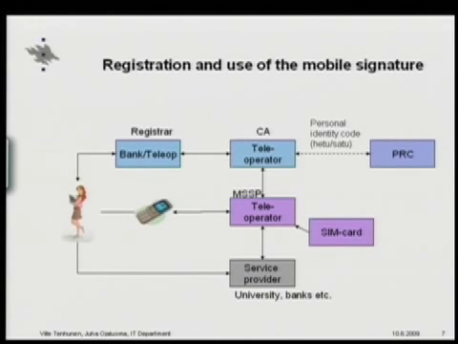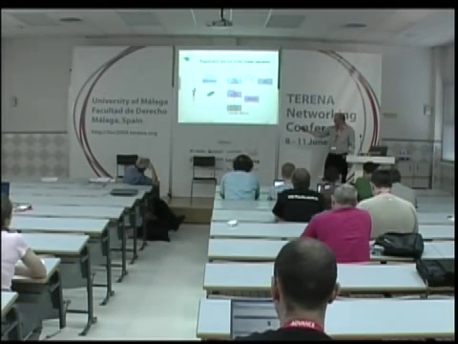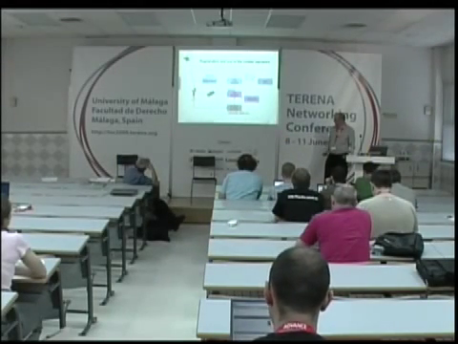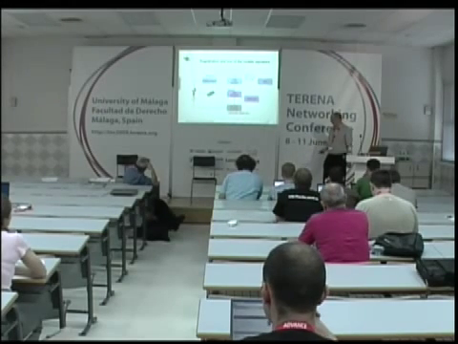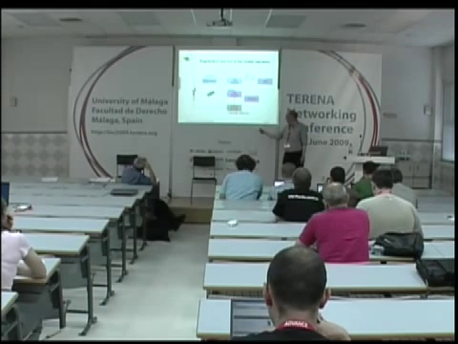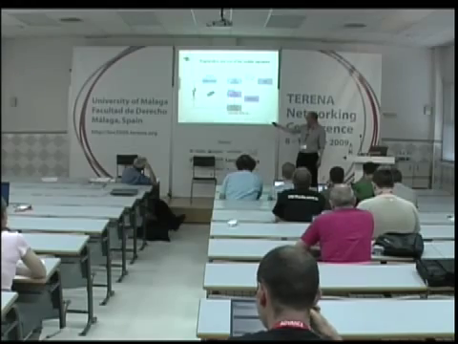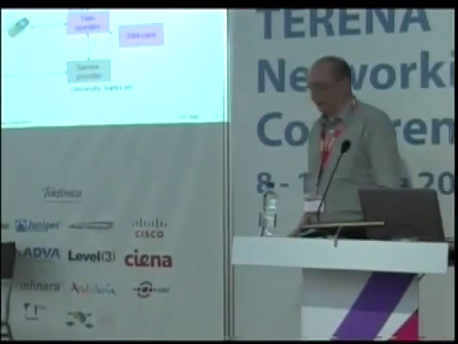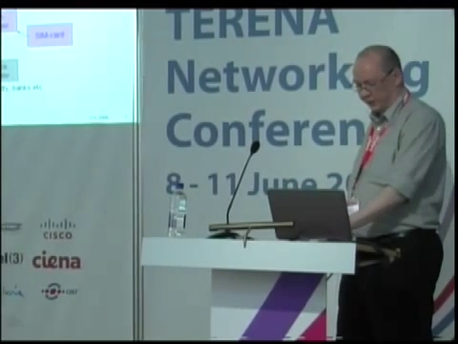And after the user has registered his identity and this certification or SIM card, he can use those services, for example banks or university or anyone else who communicates with this MSSP, mobile signature service provider services, operated by some teleoperator.